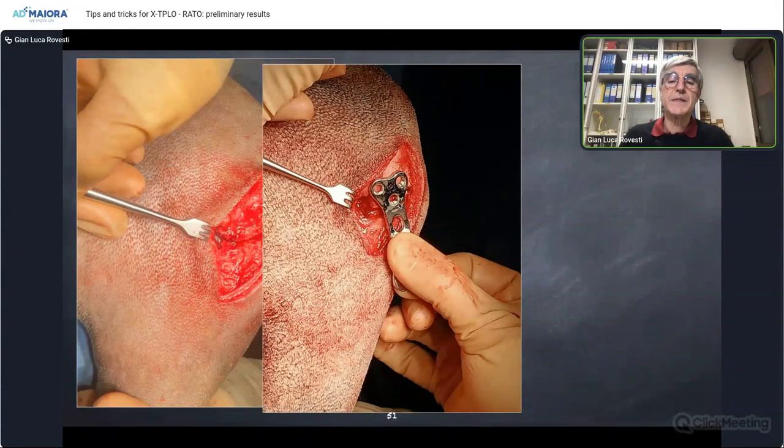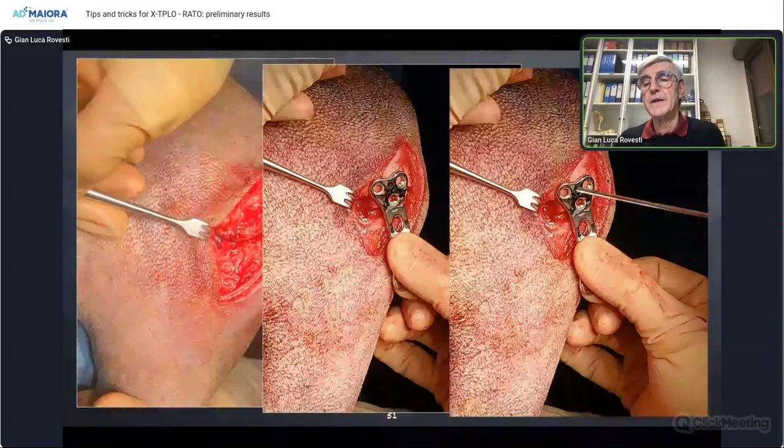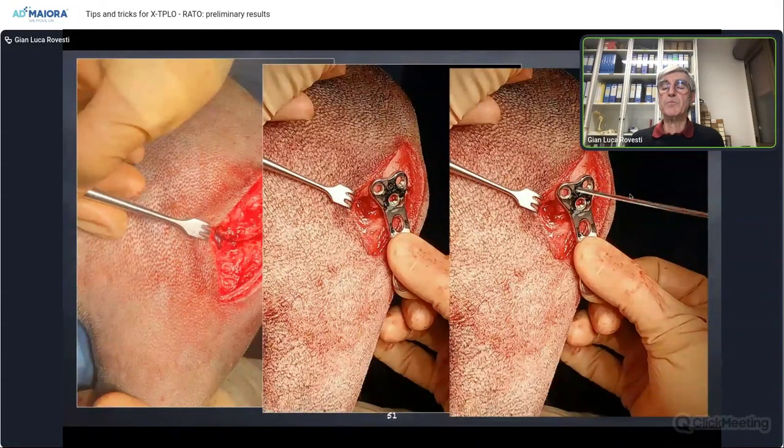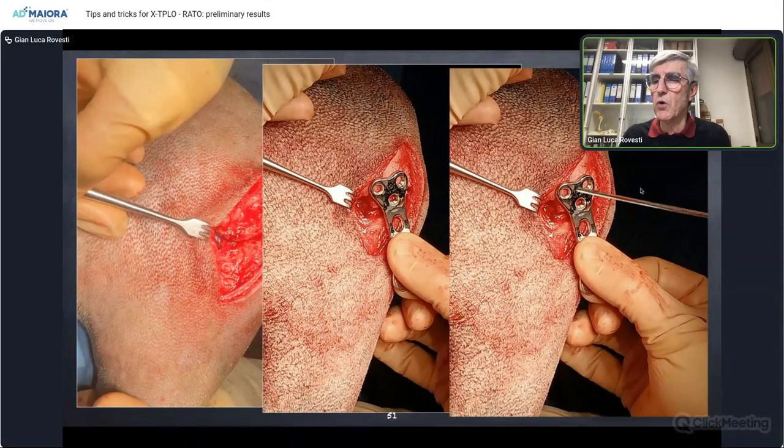When I'm satisfied with its position, and I will check that screw number 3, this one, will be underneath the axis of loading of the stifle, I will stabilize the plate with a 1.5 K wire, like this. At this point, I don't need a precise angle of rotation of this plate, just more or less.